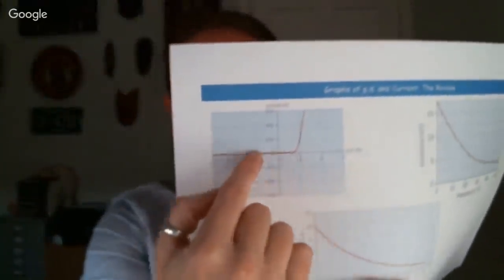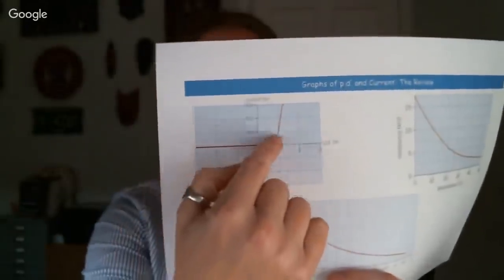Our next thing we need to know about is a diode. Diodes have this very distinctive little horizontal line and then it goes up. The reason for that is that a diode will only let current flow one way. There are some that emit light, called light emitting diodes or LEDs. When you're looking at the diode itself, the long leg of it connects to the positive terminal, just a random little marker they could ask you.